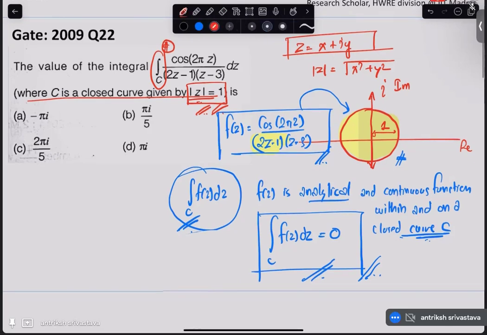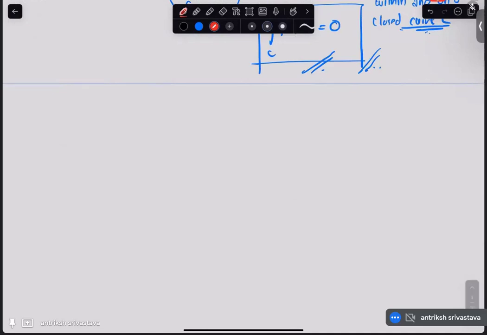And I like that theorem much better than this. What does that theorem tell us?